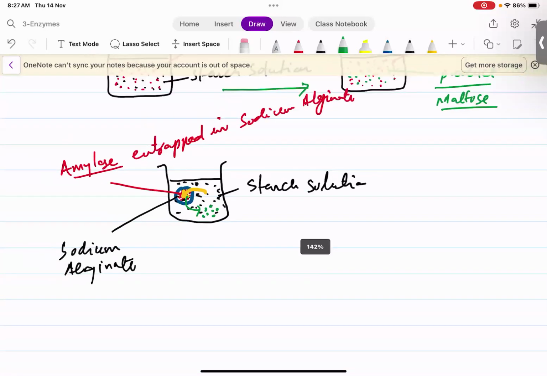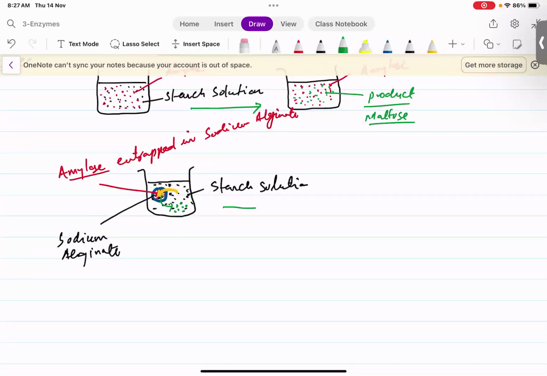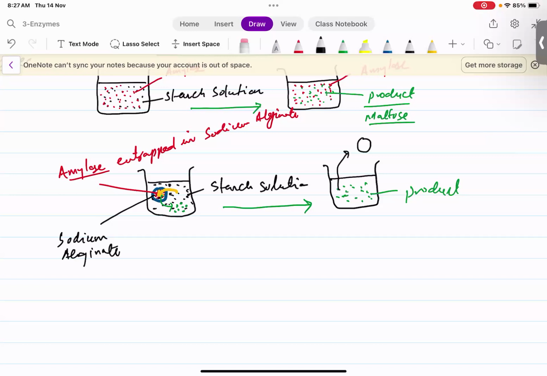So after this reaction has been completed, the starch has been converted into the product, which is maltose, and this entrapped enzyme or encapsulated enzyme in the sodium alginate is removed out of this product.